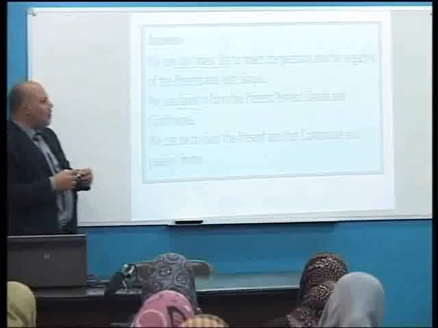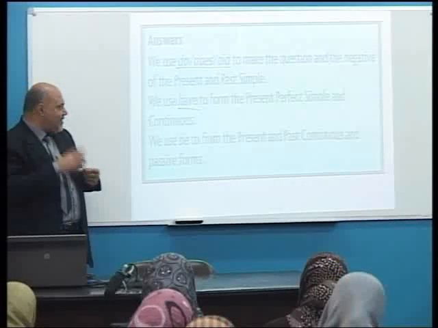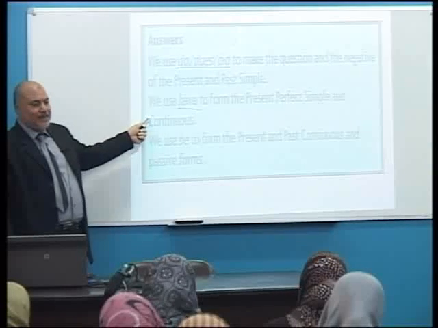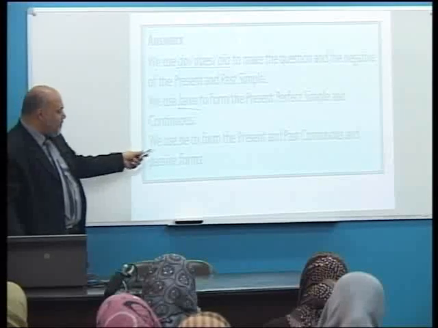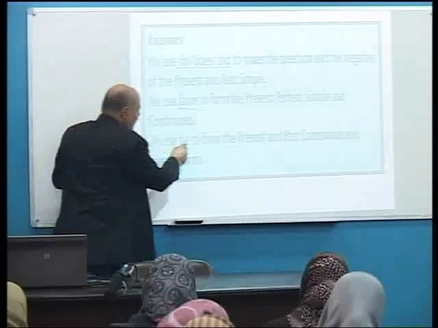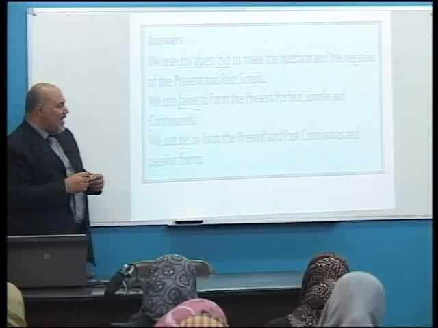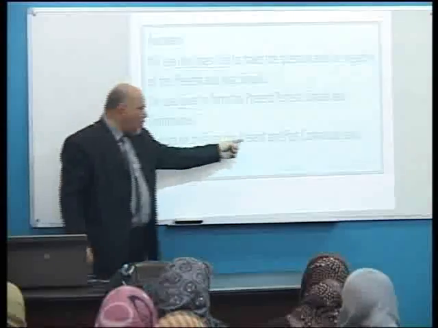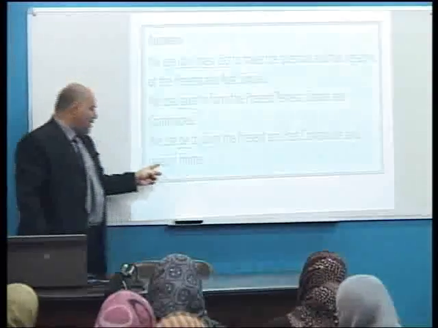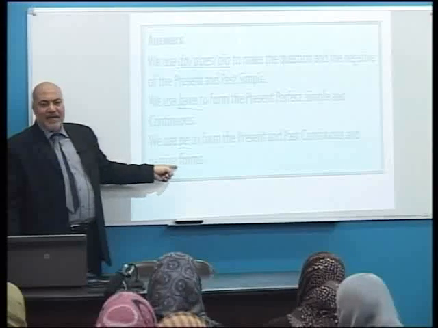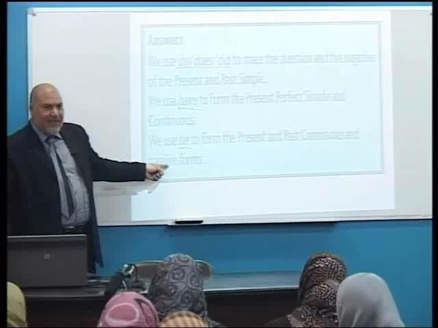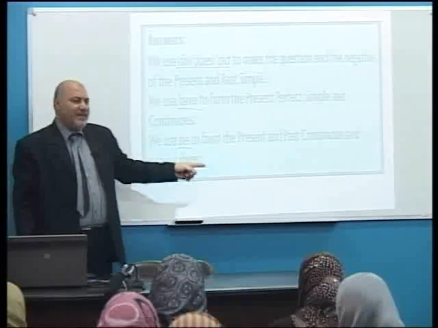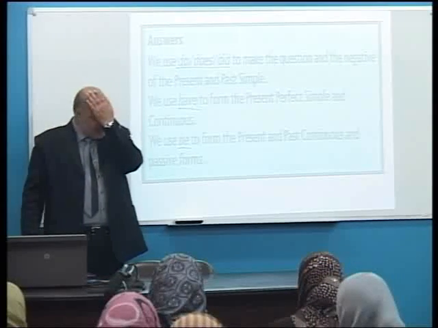We use have to form the present perfect simple and the present perfect continuous. Also, we use be to form the present continuous, past continuous, and passive forms. It means the present simple passive, the past simple passive, and all the other tenses.